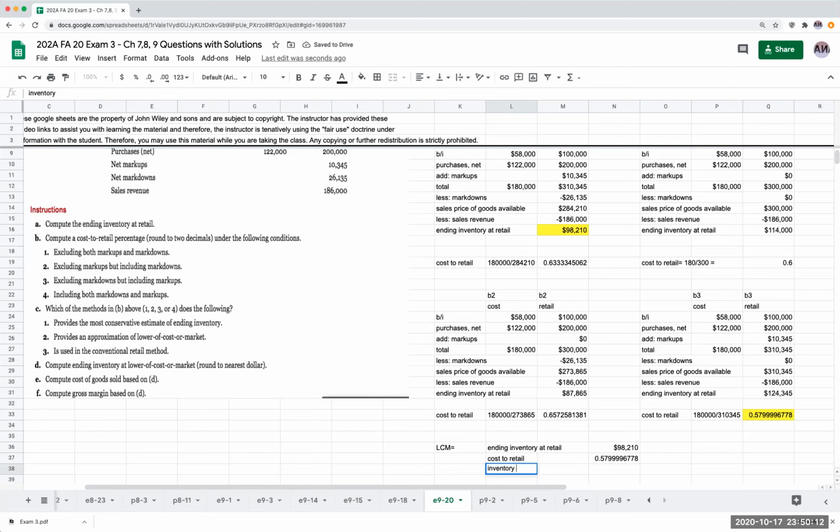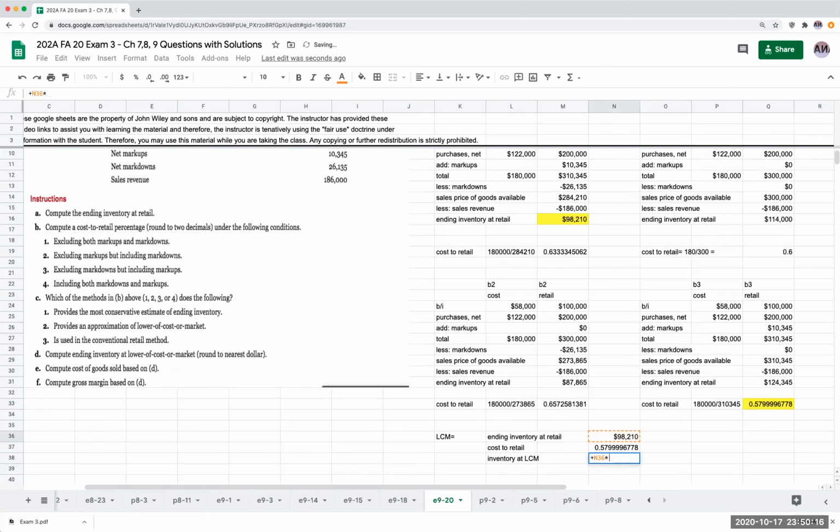So my inventory at LCM is going to be 56,962.